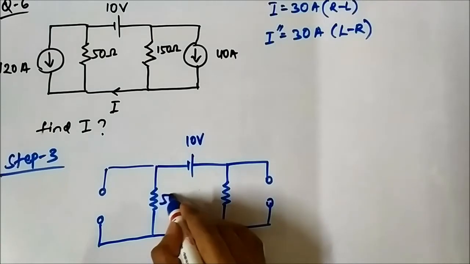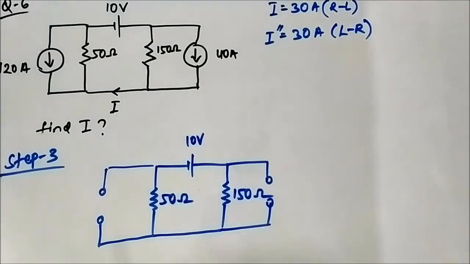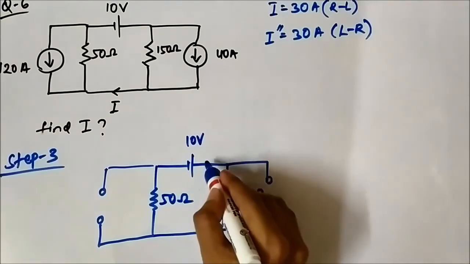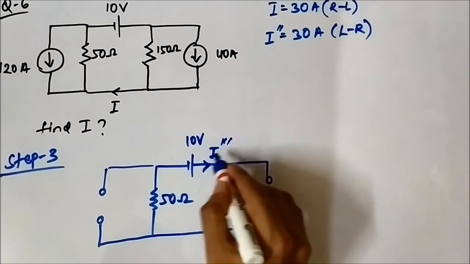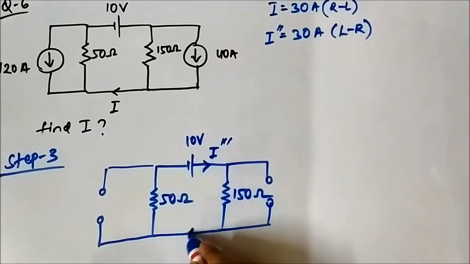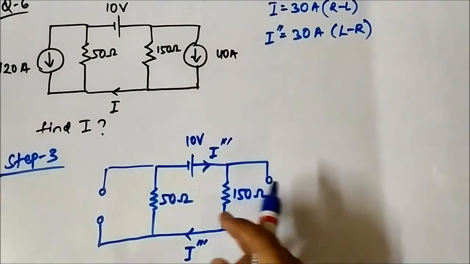Now the current will start from this, let's call it I triple dash, and it will flow this way, and no current will flow through these two open circuited terminals.